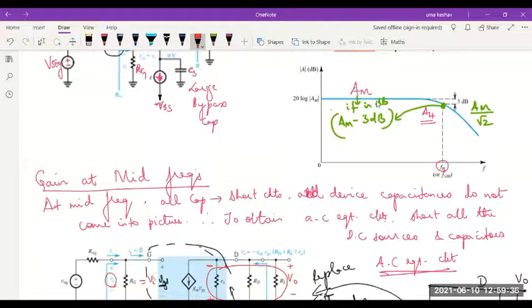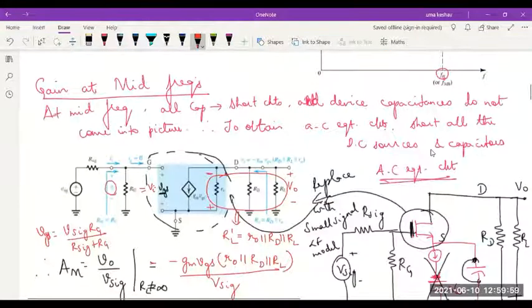It will be maximum and constant gain at mid frequencies AM. At high frequencies, it's going to reduce. And at the point when F is equal to FH or omega is equal to omega H, the gain would be maximum gain by root 2, or in terms of decibels, it would be minus 3 dB.